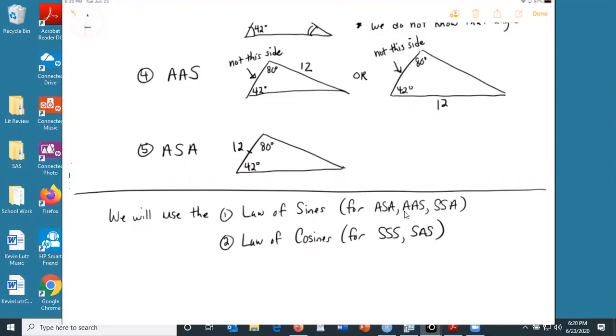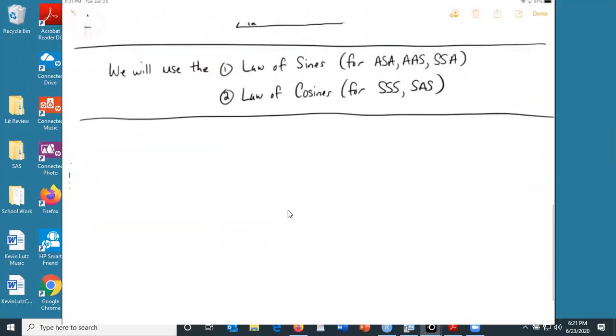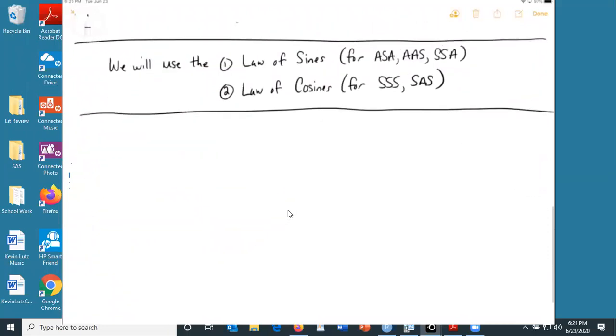That just means as long as we know at least 2 angles and at least 1 side, that information can be applied to the law of sines, and you can use that to find other missing sides and angles. So what this little blip right here, numbers 1 and 2, is telling you is when you can use the law of sines and when you can use the law of cosines.